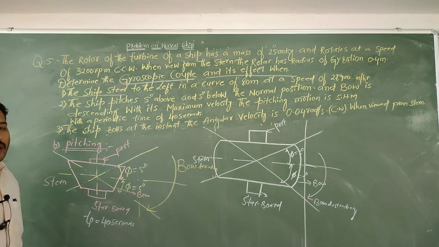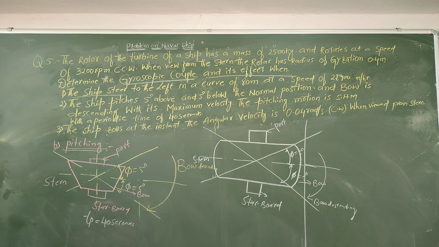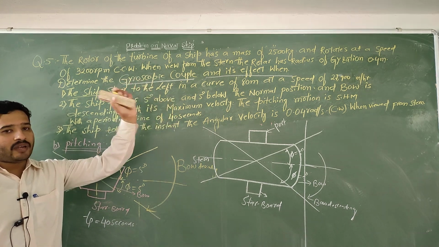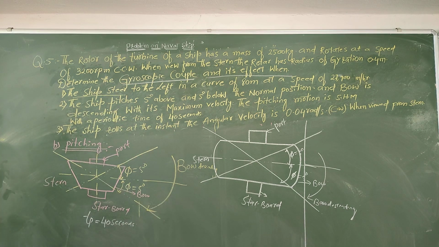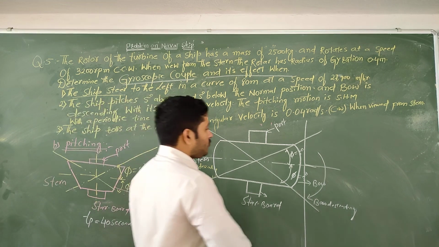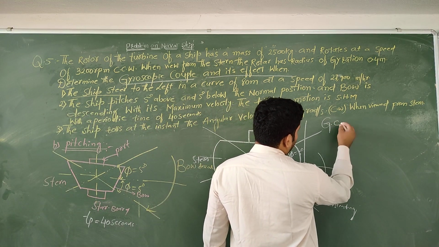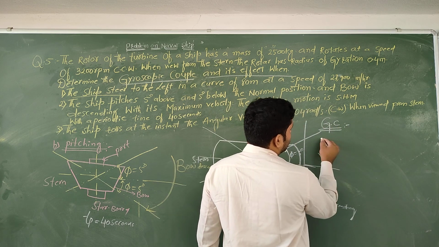So again, what we need to find out in this case is first the gyroscopic couple, and after that we need to find out its effect. Is it right? Let us see, the gyroscopic couple we need to find out. What is the formula?